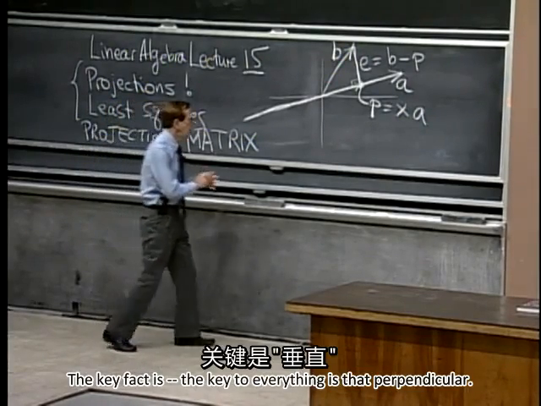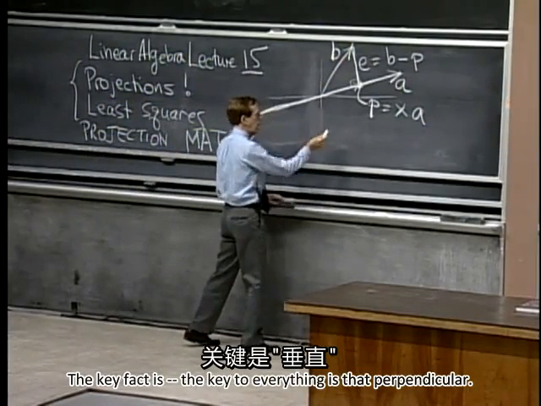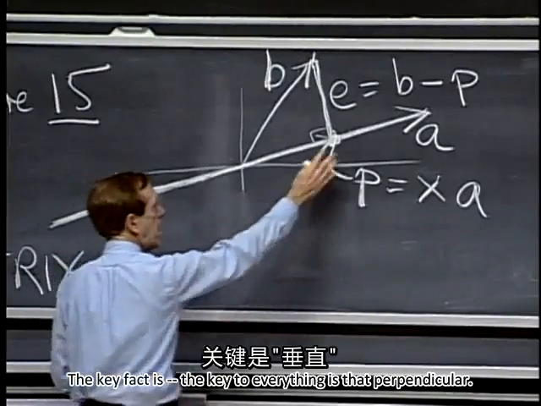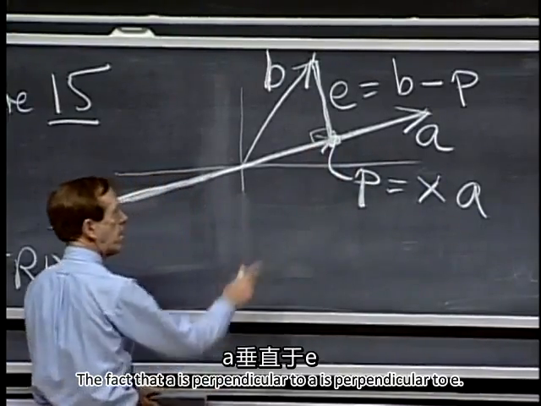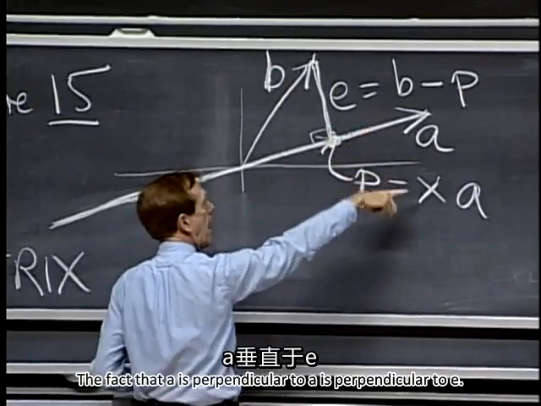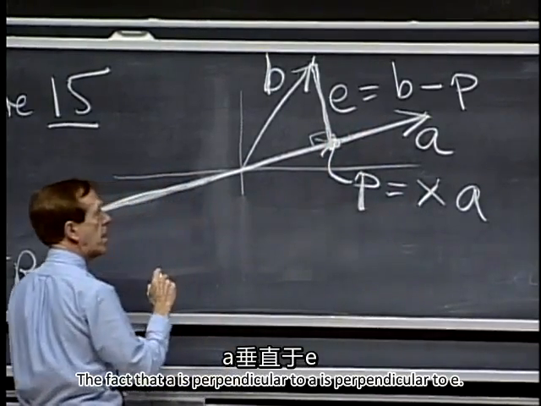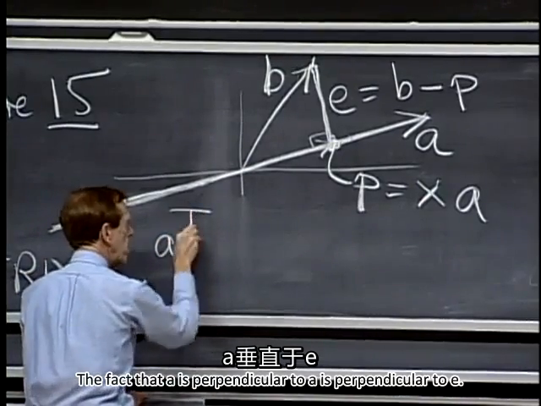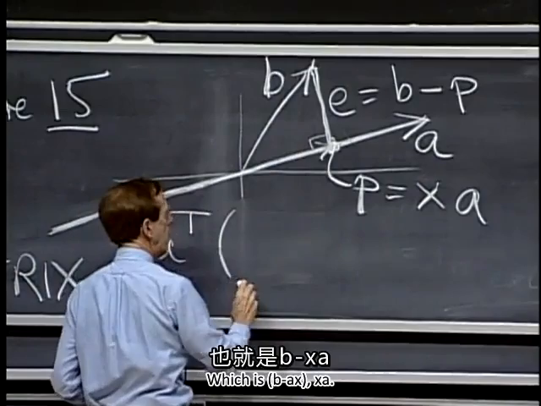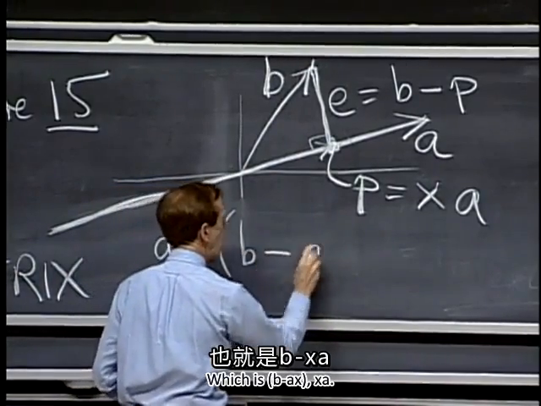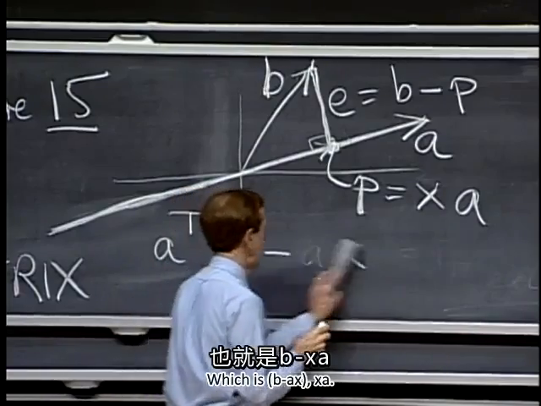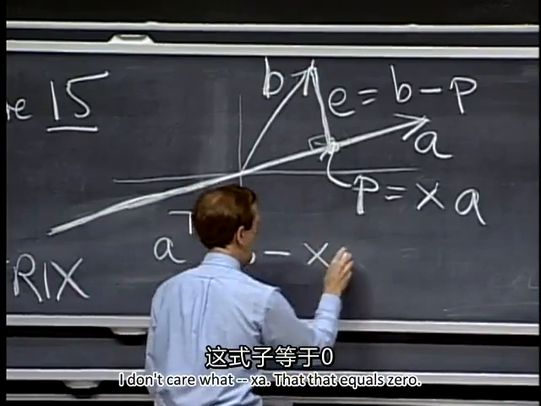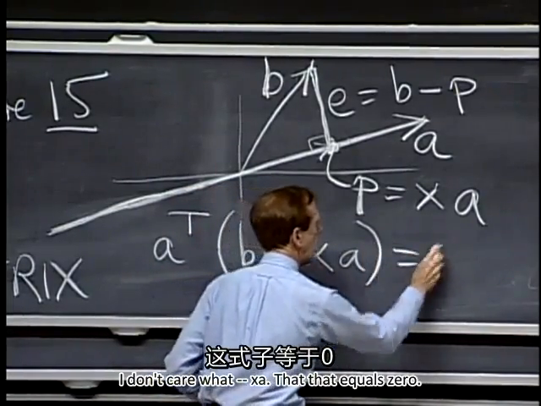Okay, the key to everything is that perpendicular. The fact that A is perpendicular to E, which is B minus XA, equals 0.